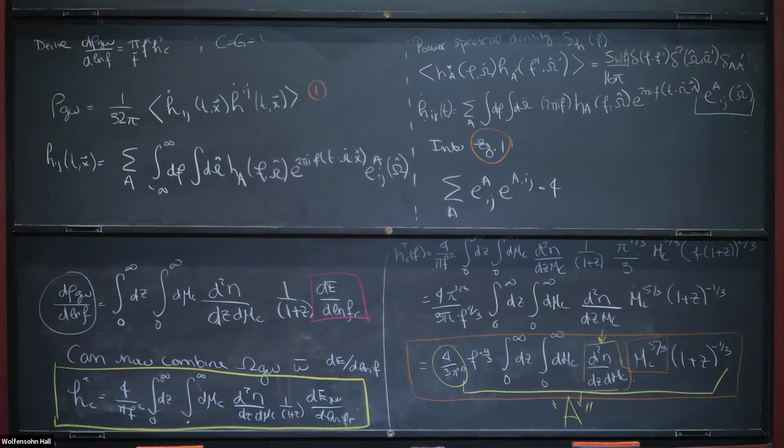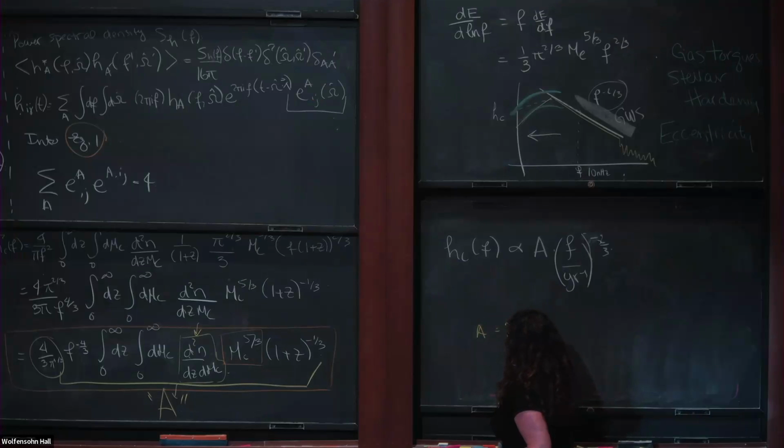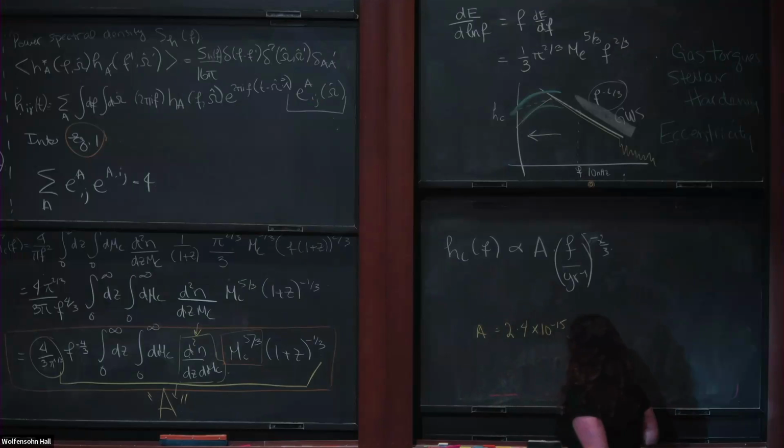Okay, so where we're at right now, the gravitational wave background, is that we've finally made a measurement of this amplitude A, right? And we found that A is 2.4 times 10 to the minus 15 at a reference frequency of 1 over a year.